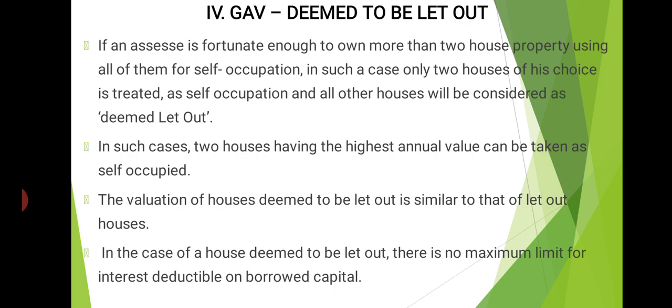In such cases, the two houses having the highest annual value can be taken as self-occupied. The valuation of a house deemed to be let out is similar to that of let out houses. In the case of houses deemed to be let out, there is no maximum limit for interest deductible on borrowed capital. That's all about the calculation of gross annual value in different cases.